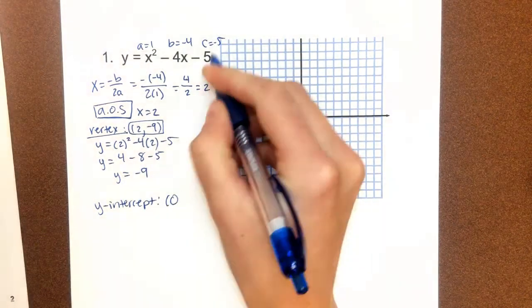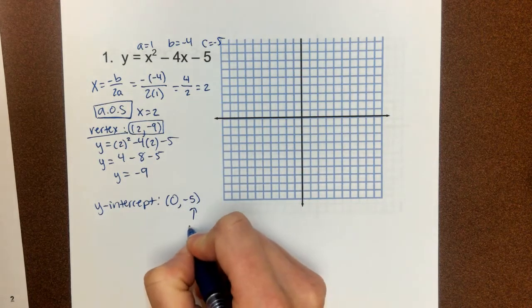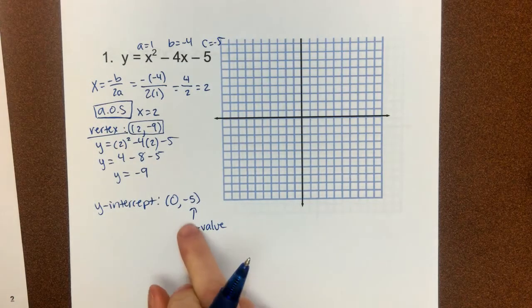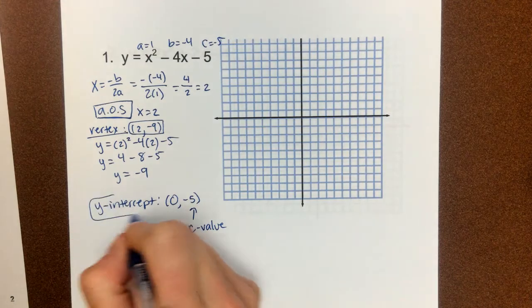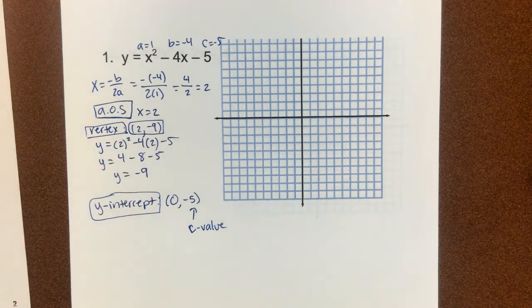So we're going to do 0, negative 5. You can make a note to help yourself remember that that was the c value that I used to make my y-intercept. So I've got a lot of information here. I've got axis of symmetry, vertex, y-intercept.